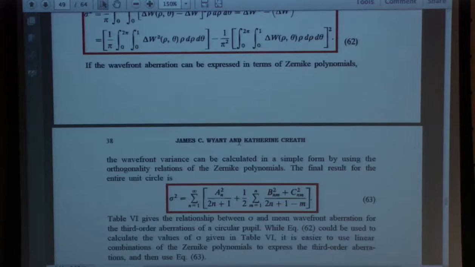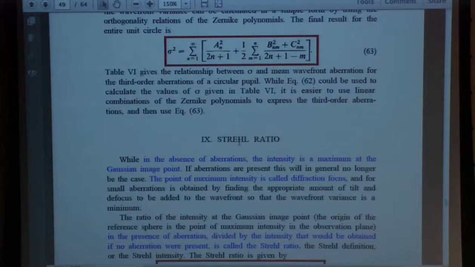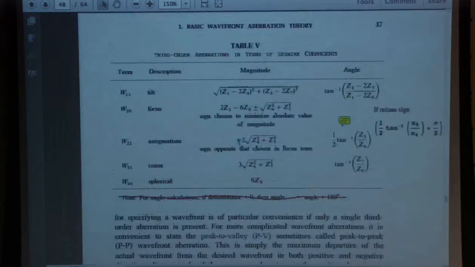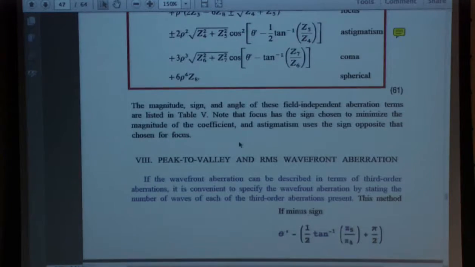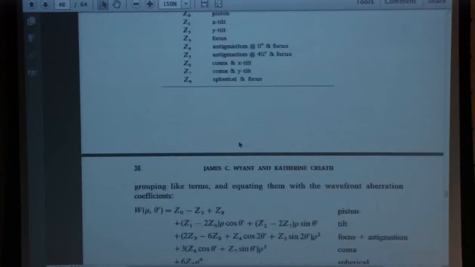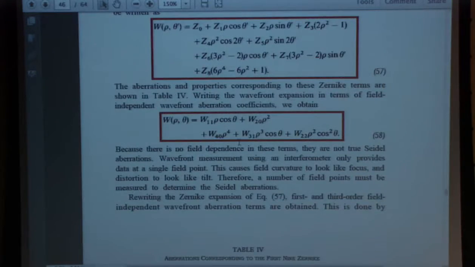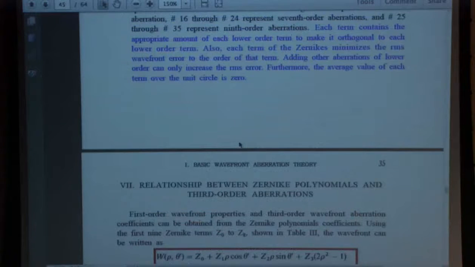I did not put that normalizing factor in here. I was going to find it, but I had another comment here. Maybe I don't have it. No, I did not put that normalizing factor in front of it. But some places you'll see that.